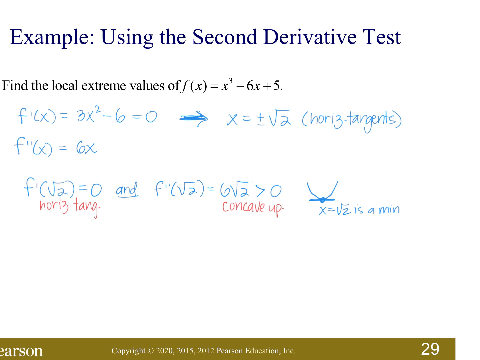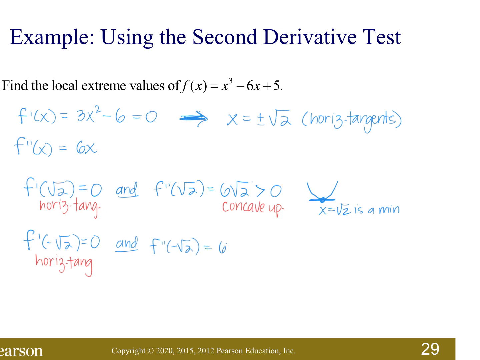So let's check the other one. F single prime of negative rad 2. We know that's also equal to 0. But we need the and. We need something else. So we have a horizontal tangent for sure. And let's see what f double prime of negative rad 2 would be.